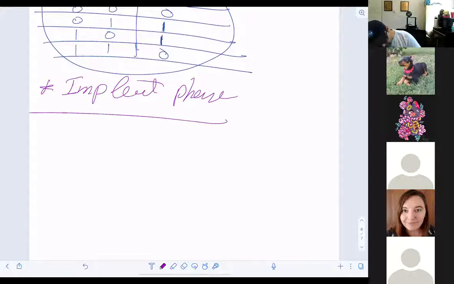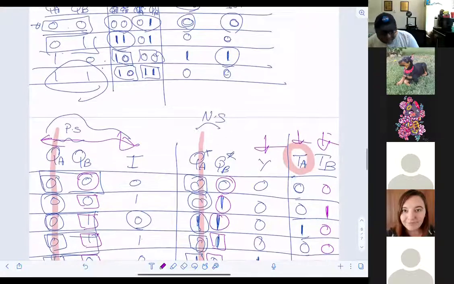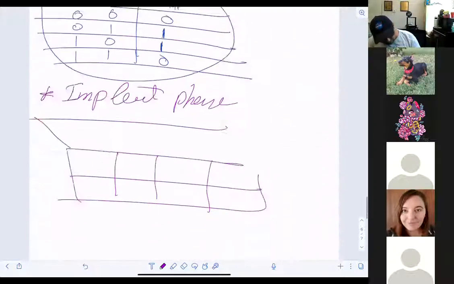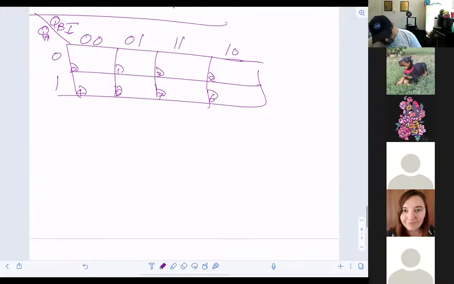So now the implementation phase. First K-map, 1, 2, 4. What are our inputs? From the left to the right to avoid the orthogonal K-map: it's going to be QA, QB, I. So QA, QB, I, 0 1 0 0 0 1 1 1 1 0, right? 0 1 3 2 4 5 7 6.